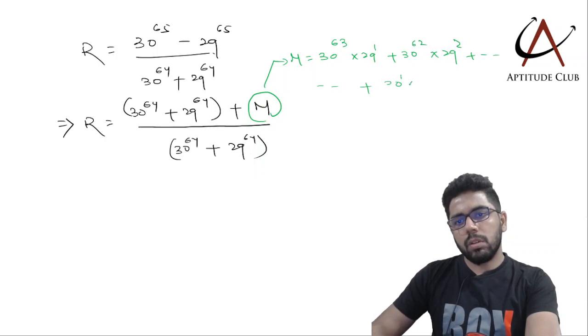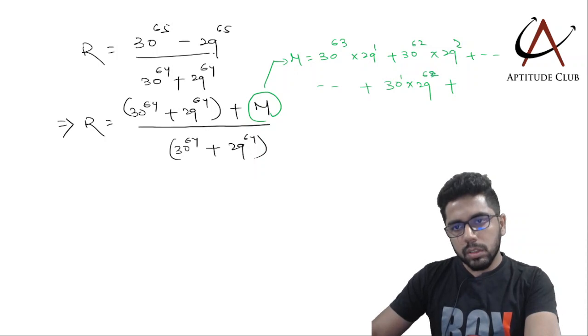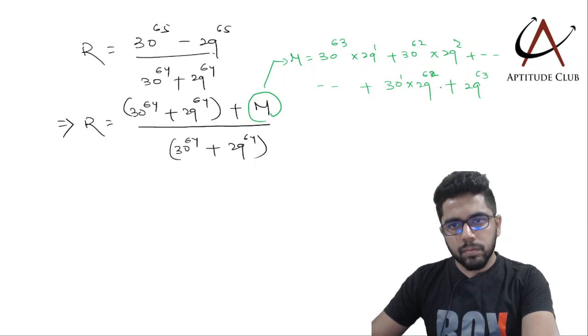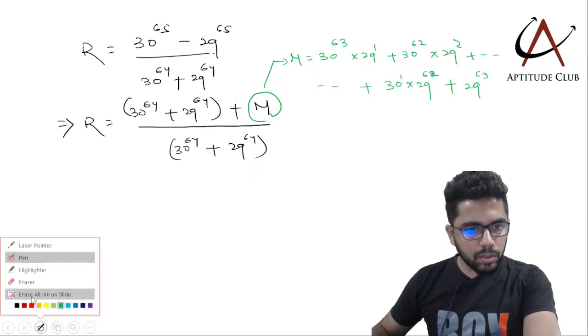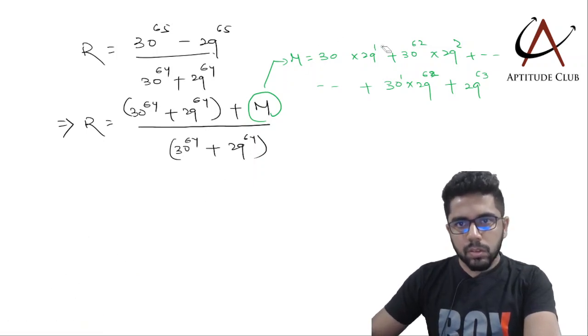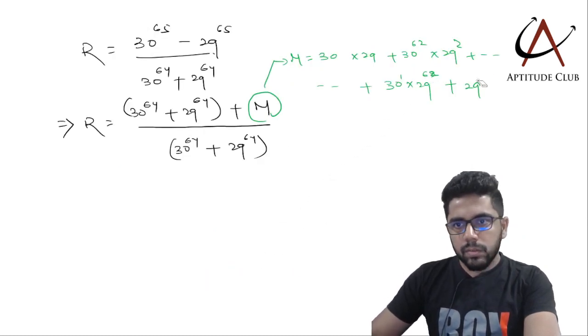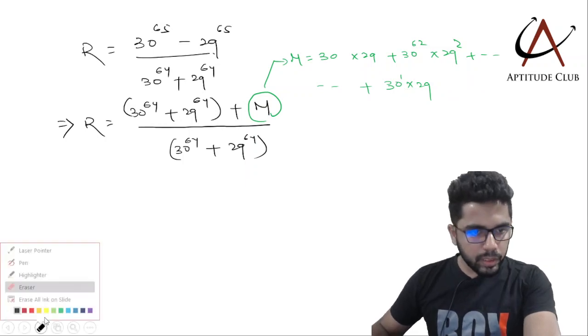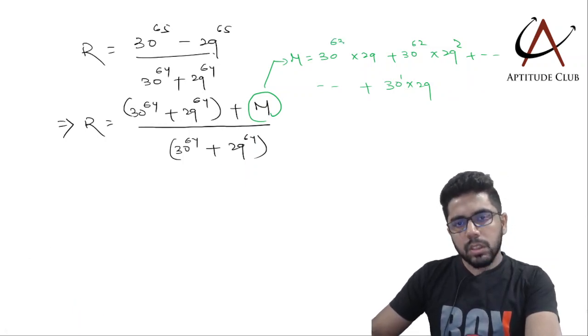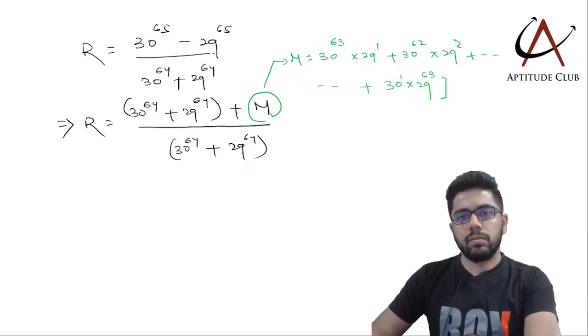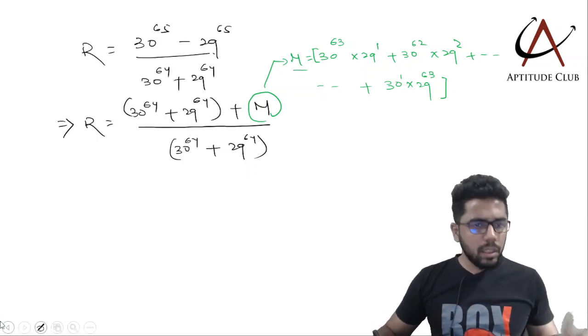This continues till 30 to the power 1 into 29 to the power 63 plus 29 to the power 63. But m is necessarily positive.